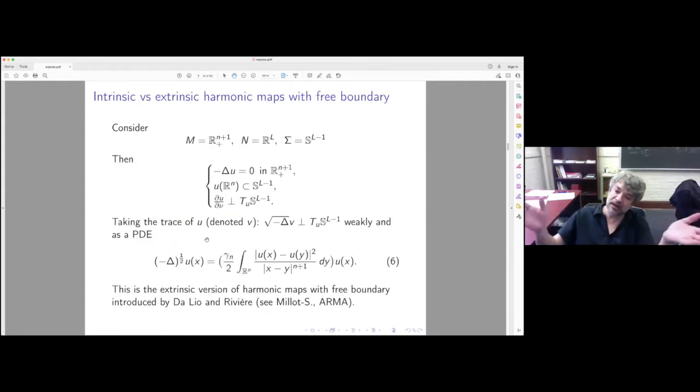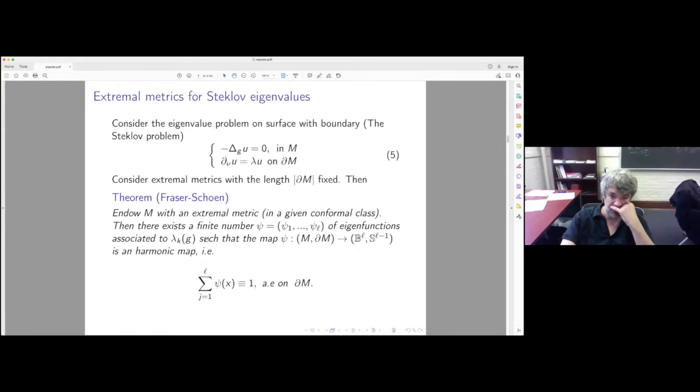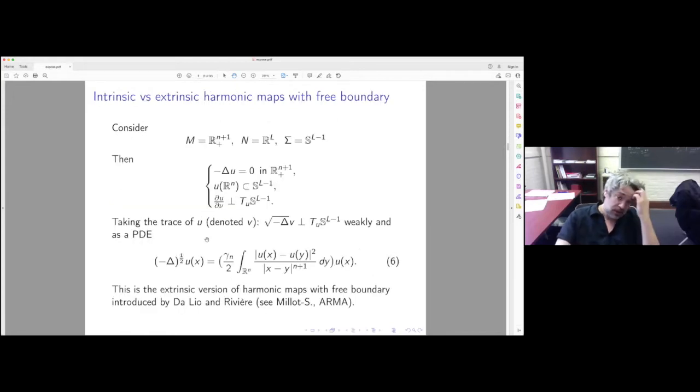So let's look at this problem of harmonic maps with free boundary a little bit closer. Let's take my domain to be the half space. Very quickly, at the elliptic level, I'm going to forget about existence results, and I'm going to look at some regularity issues.